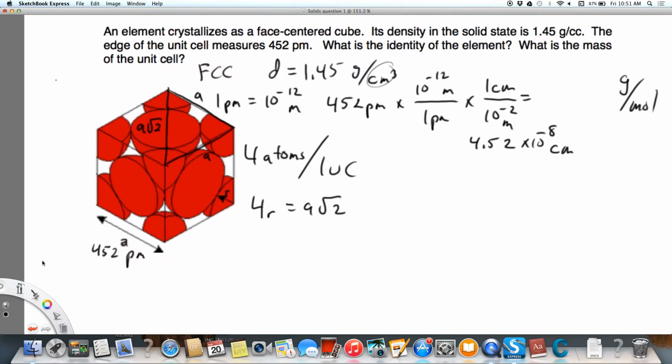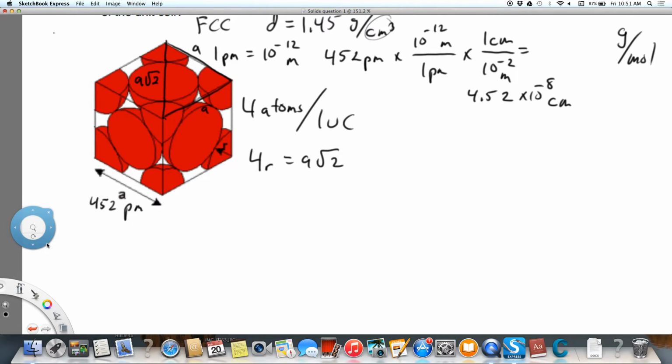And let's go ahead and move this up. I'm going to do this letting the units be the guide. As I said up here, I want grams per mole as my answer. So how can I get grams per mole? Well, first of all, do we have anything with grams in it? Well, we're given the density, so I know grams per centimeter cubed.